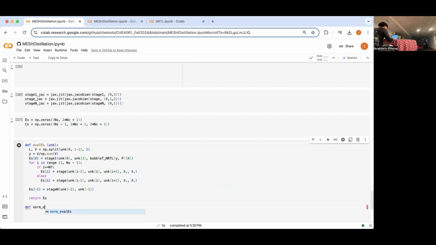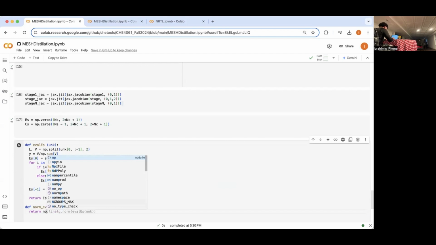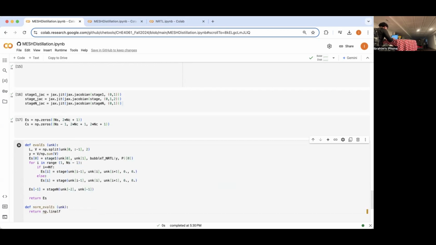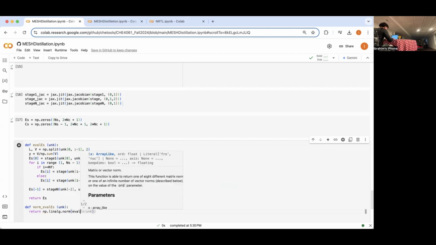So norm underscore evaluate ES as a function of our unknown. Okay. And then we're going to go ahead and return this and use our linalg function, np.linalg.norm.